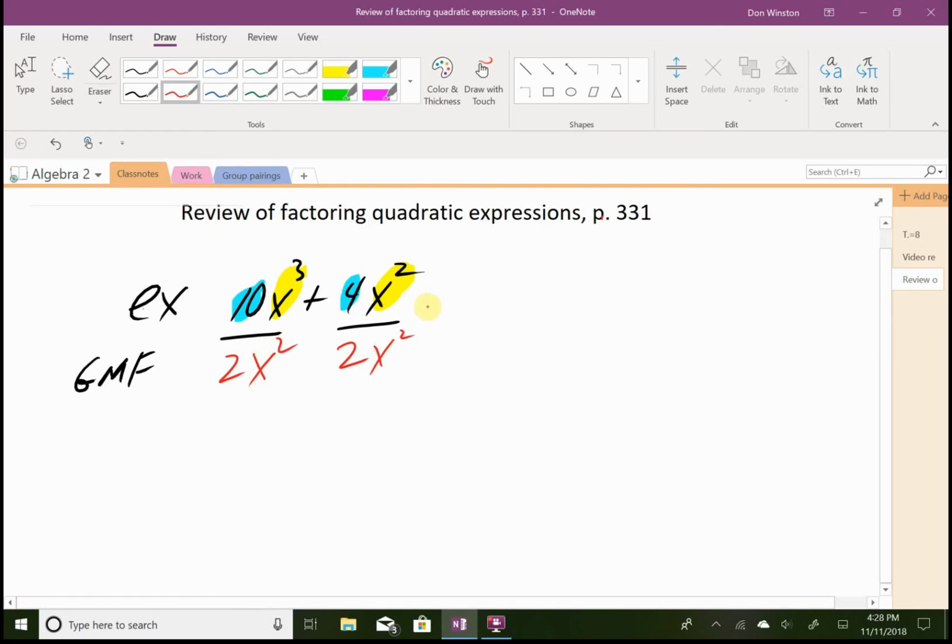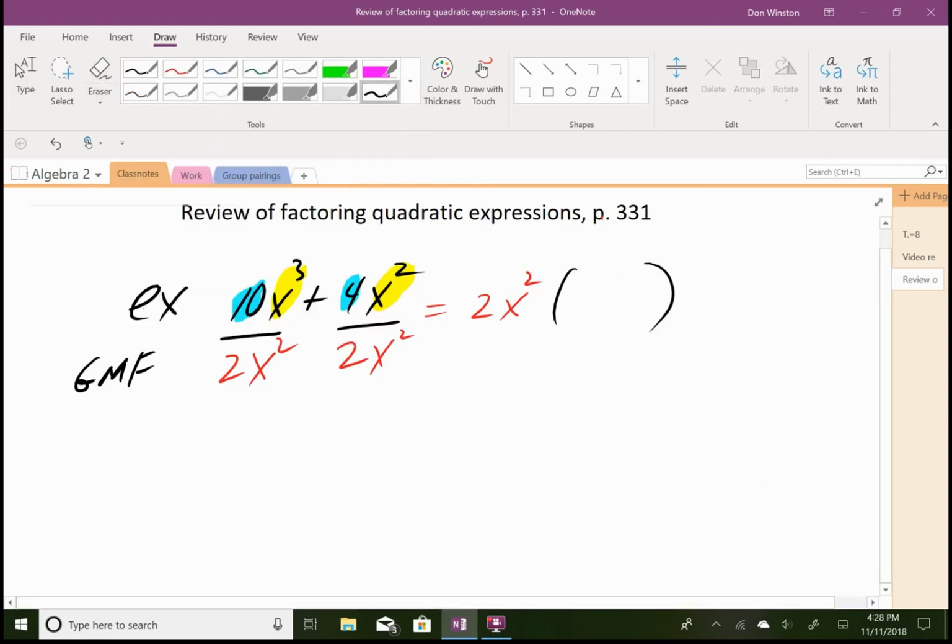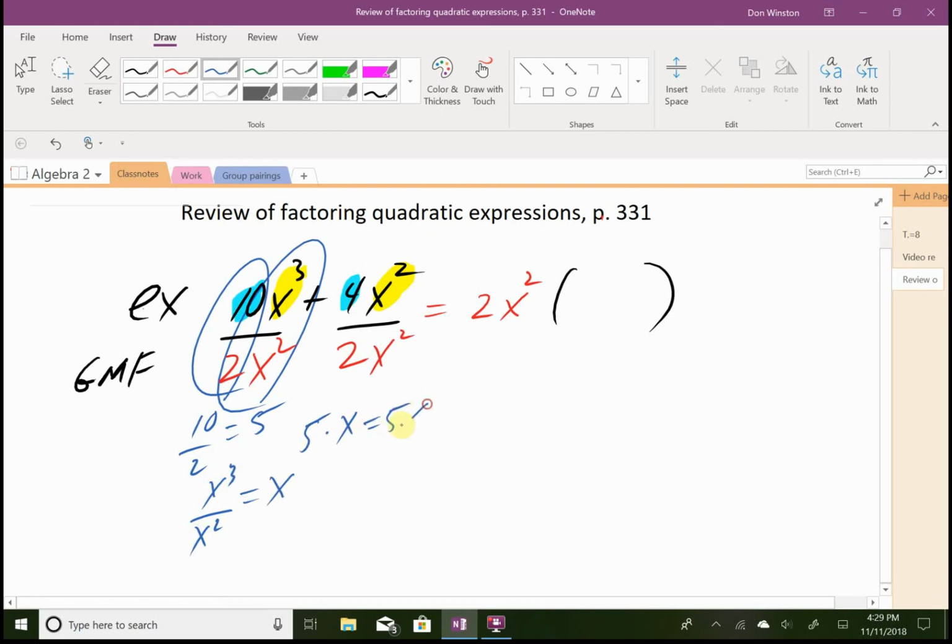So there's my GMF. I'll write that outside the parentheses. Now I'll write my parentheses and then I'll divide. So 10 divided by 2 is equal to 5. And x cubed divided by x squared equals x. And 5 times x equals 5x.